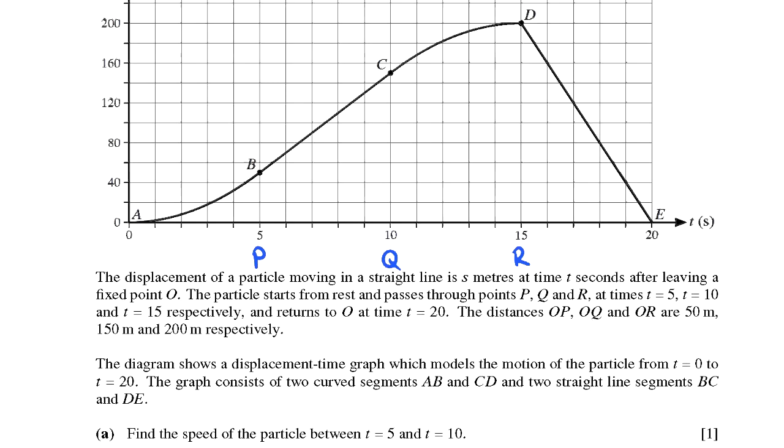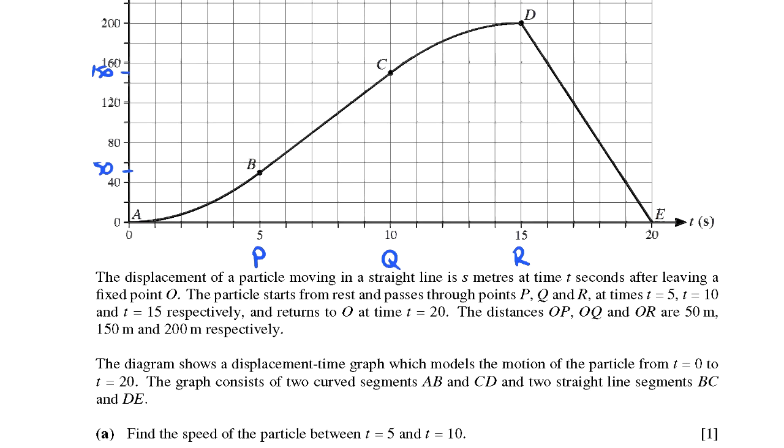All right, so at 5 seconds we're at P, but on our graph it's marked as B. That's no problem. We just know that at this point that's 50. And Q, we're told, is 150, and R, we are told, is 200, right? And it's right on 200.